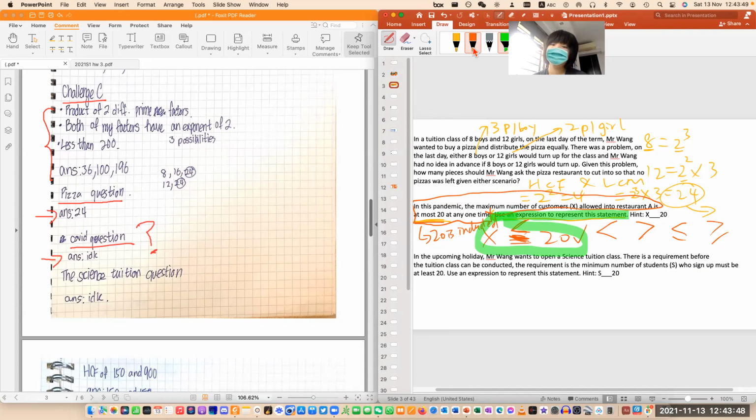So if you have X, let's say, at least 20, at least 20 means 20 is included also. So when 20 is included, you need an equal sign.